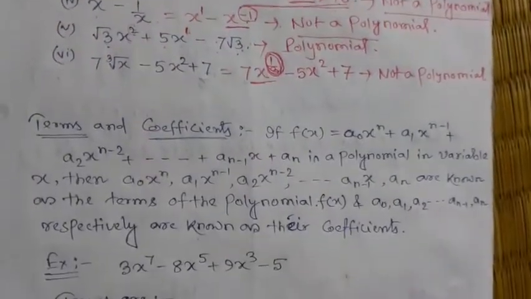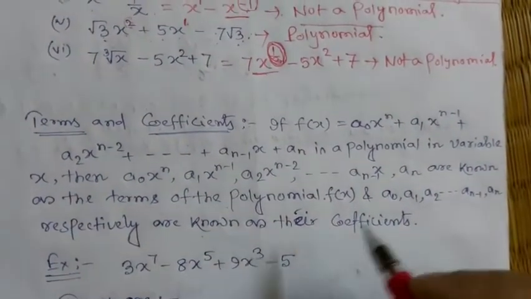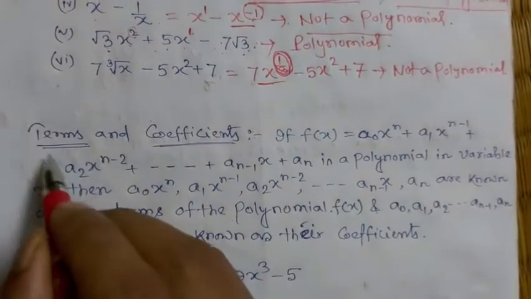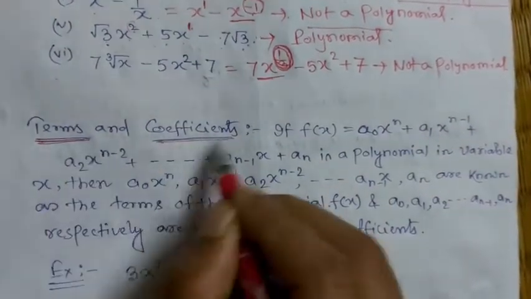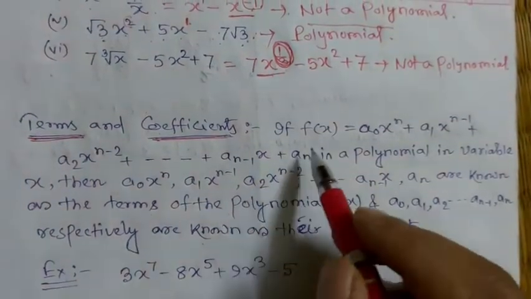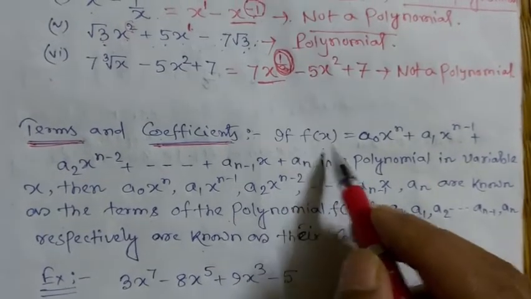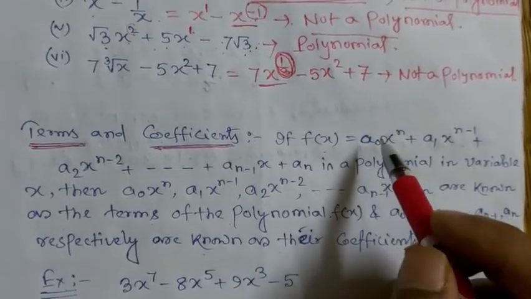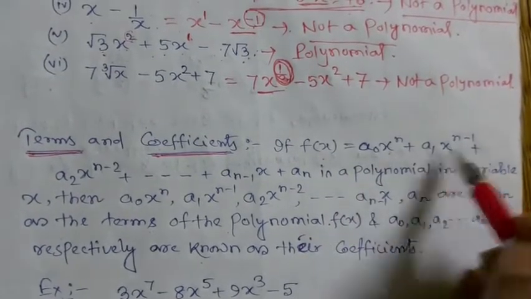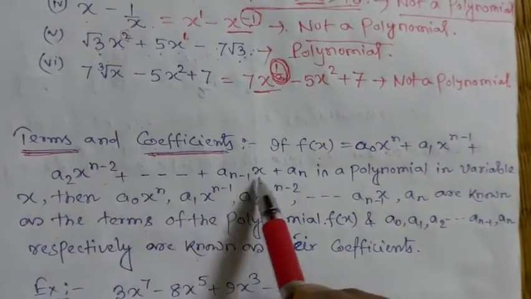Now we will discuss some terms of the polynomial. First is the terms and second is the coefficients. So what is a term? First I will consider one polynomial. f(x) is generally represented as a0 x to the power n plus a1 x to the power n minus 1 plus a2 x to the power n minus 2 plus dot dot an minus 1 x plus an.